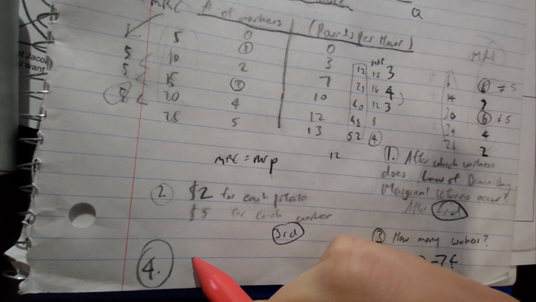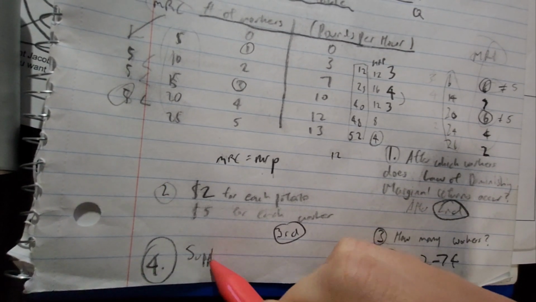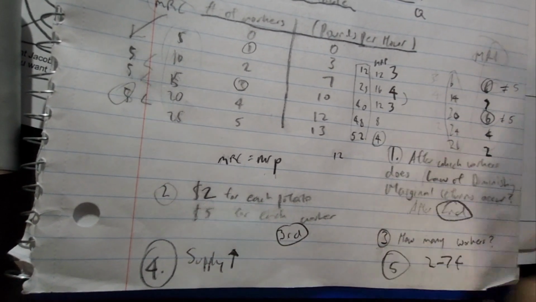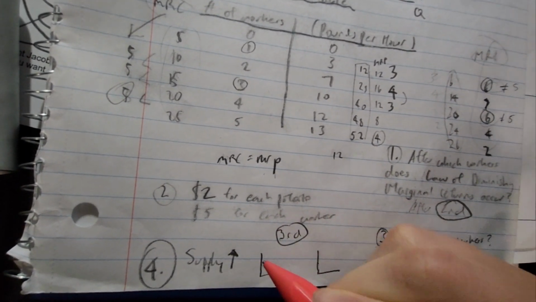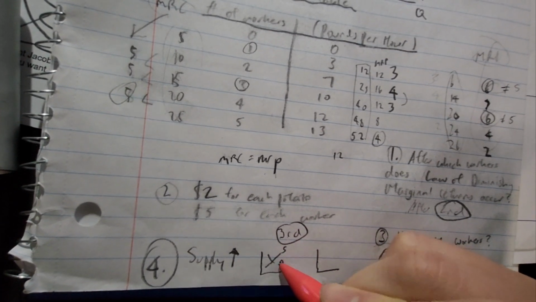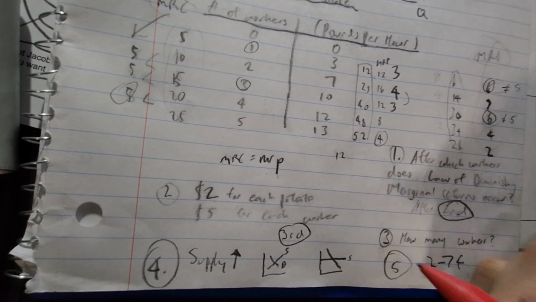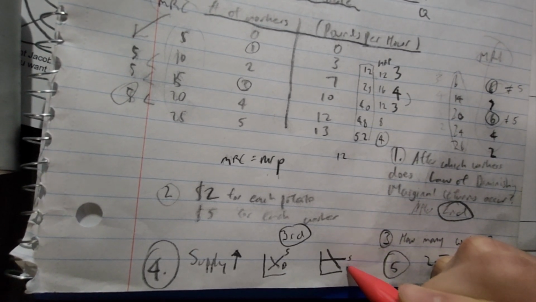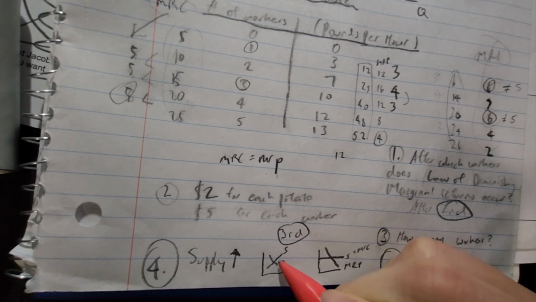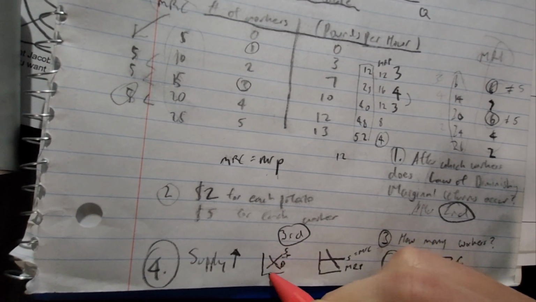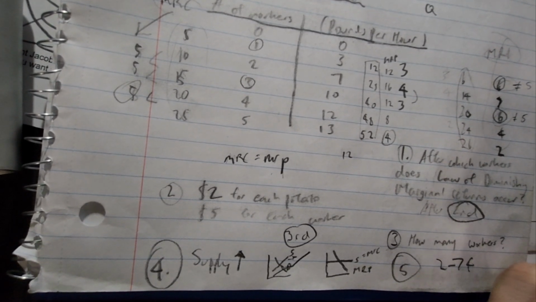For number 4, they want us to know what would happen to the market if the supply rises. Well, if the supply increases, obviously the number of workers will also increase.